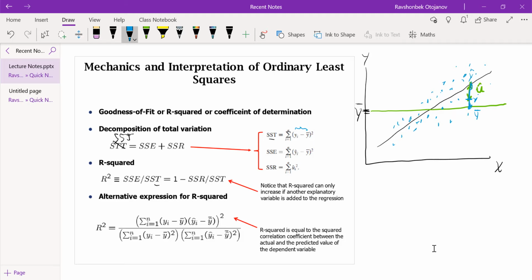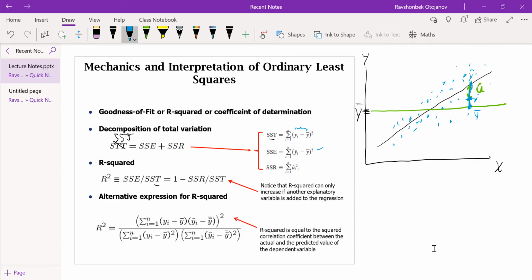Yeah, so it's the sum of squared total, or total sum of squares I should say. This distance here is the difference between the fitted point and the actual mean point. So that's this long distance here. So this is the explained sum of squares.